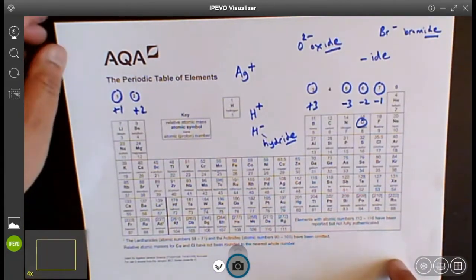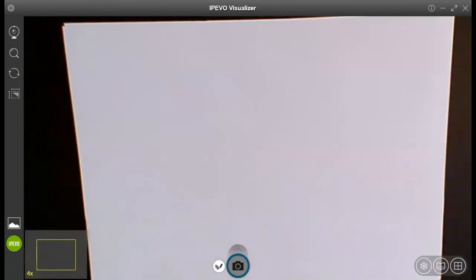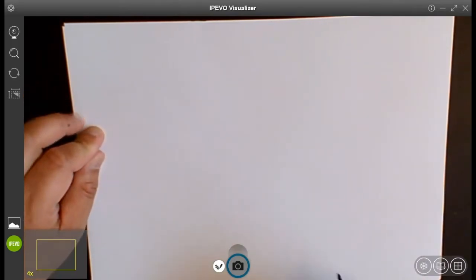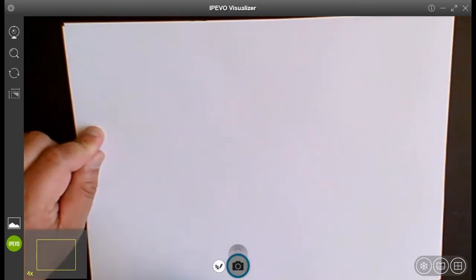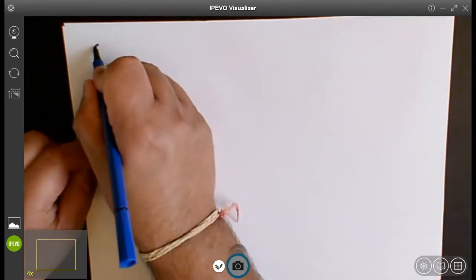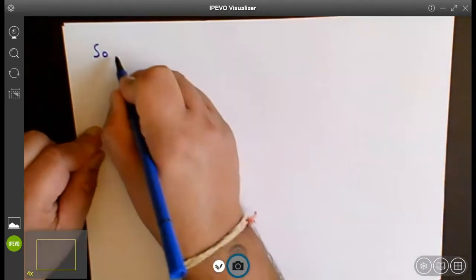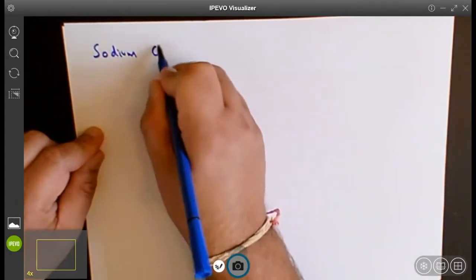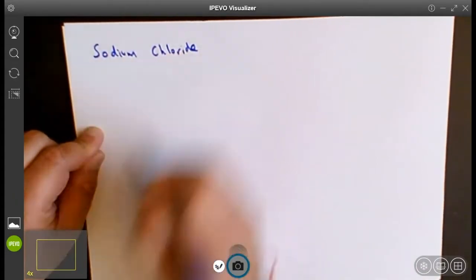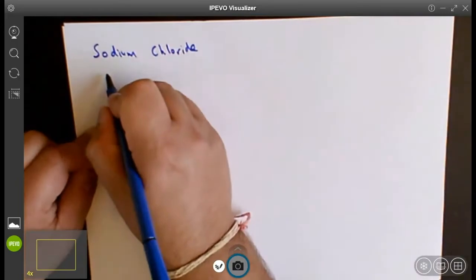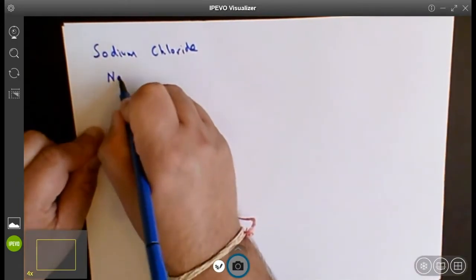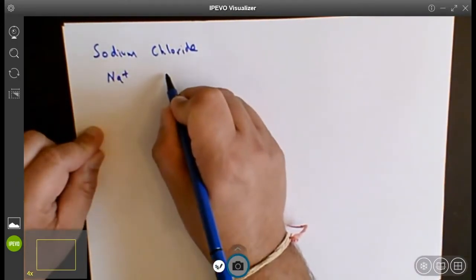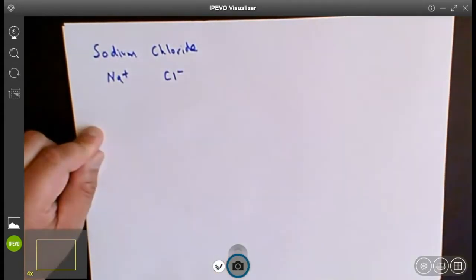Let's look at some examples. It's very important that you know how to deduce the formulas of these ions. If I give you a substance name, for example sodium chloride, remember that sodium's in group 1, so that's Na+, and chloride is in group 7, so that's Cl-.